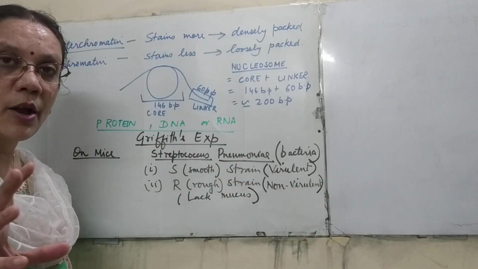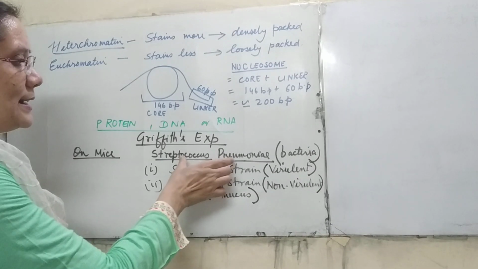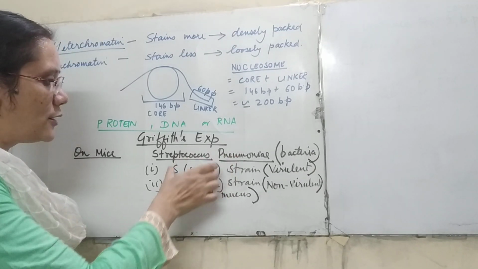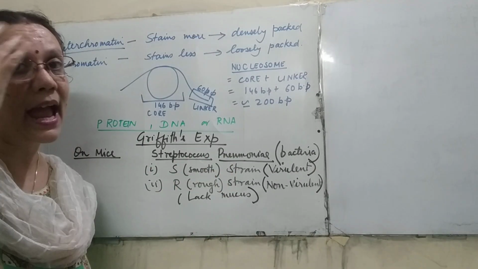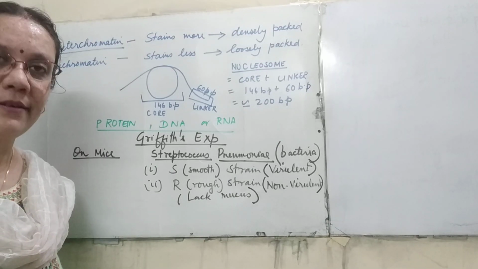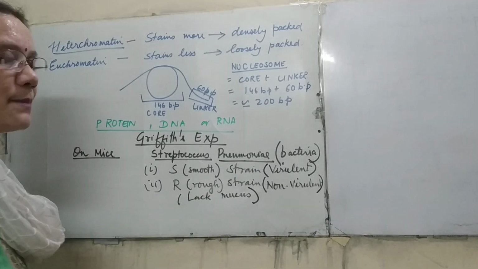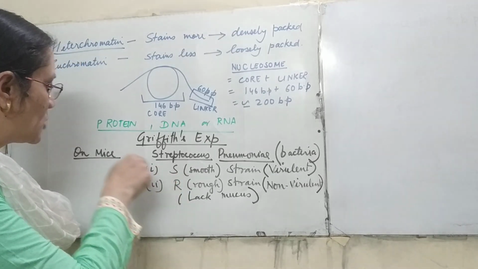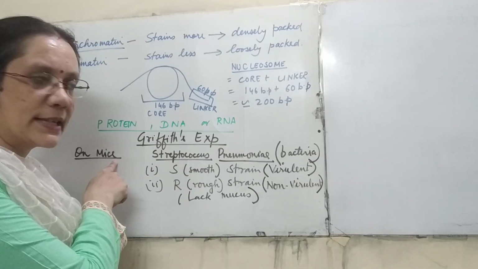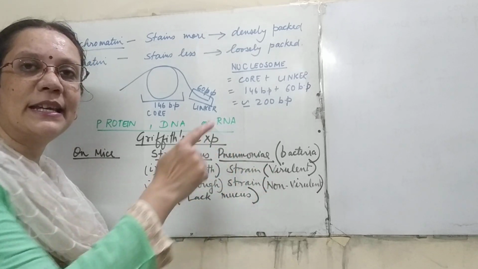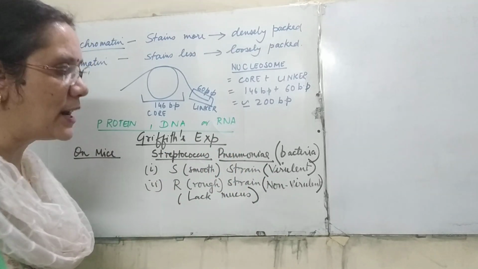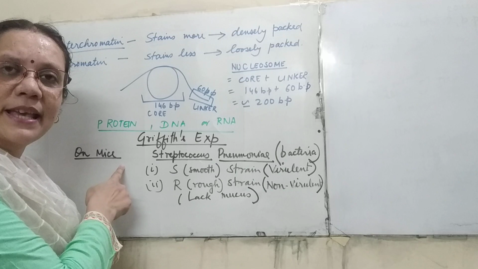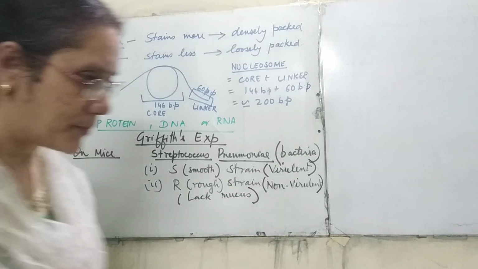So he observed that Streptococcus pneumoniae has two strains, the S strain and the rough strain. Now he experimented that when the S strain was put in the body of the mice, since it is virulent, it can cause pneumonia, so the mice will obviously die.